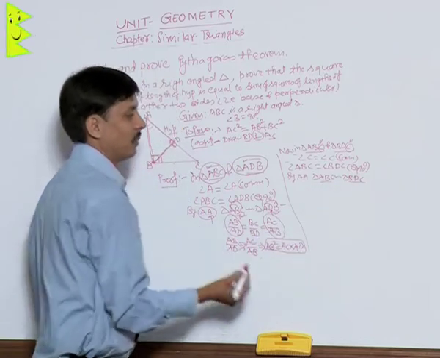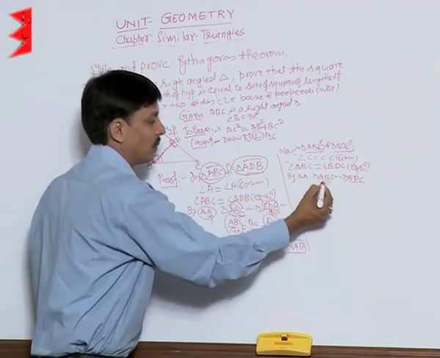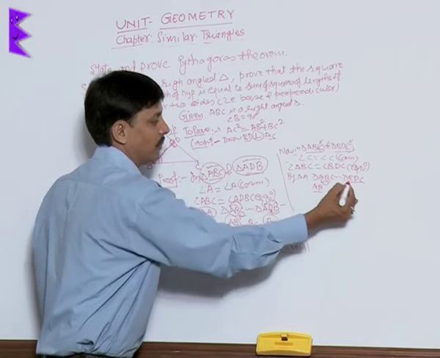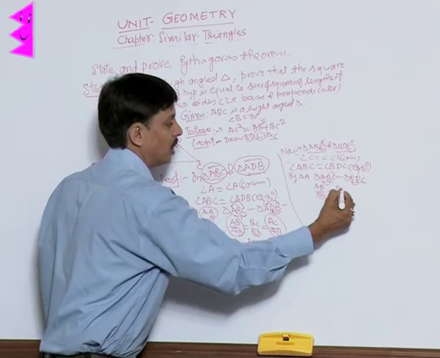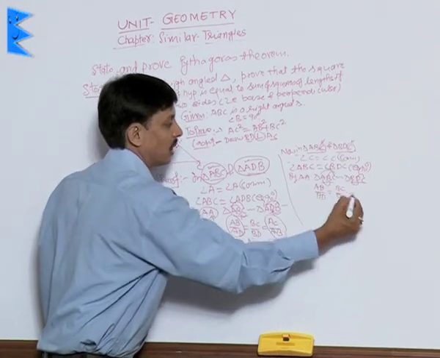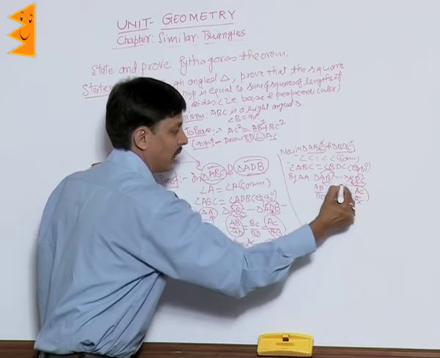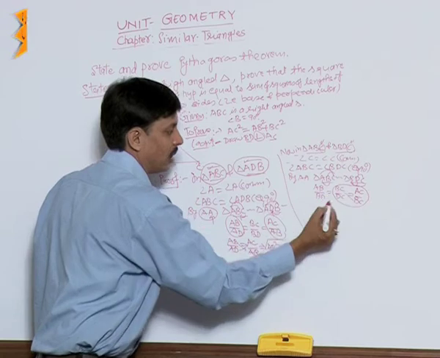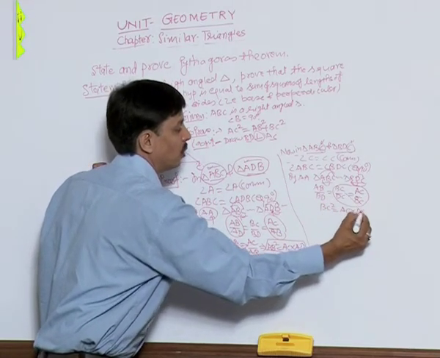ABC and BDC are similar, so their sides have to be in the same ratio. So again similarly we will take the first two letters AB with the first two letters BD, the second and third letters BC with respect to DC, and first and third AC with BC. Now if I take this one, I will find BC square is equal to AC into DC.